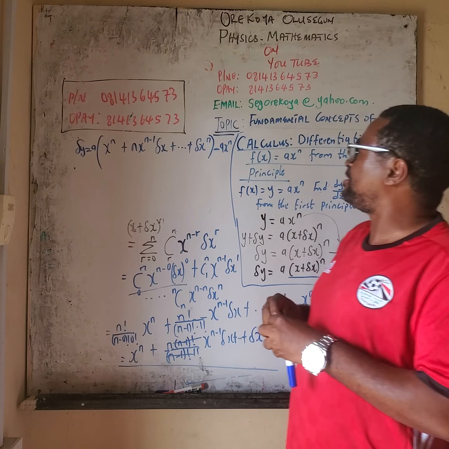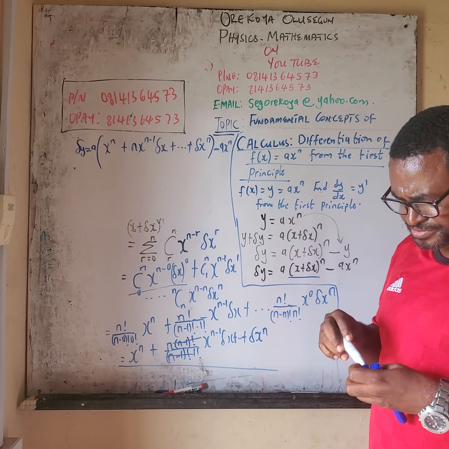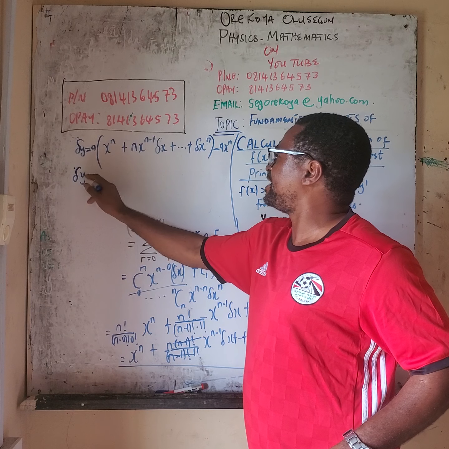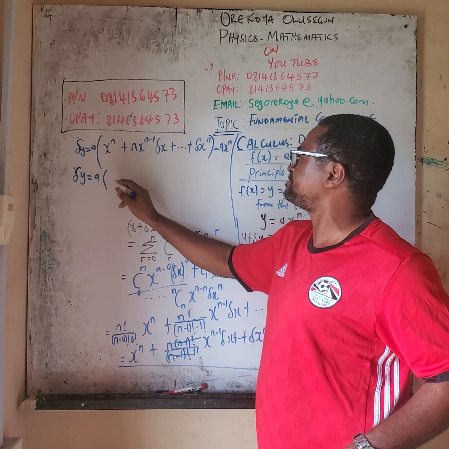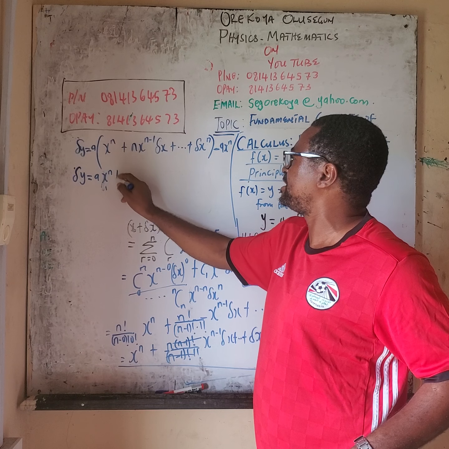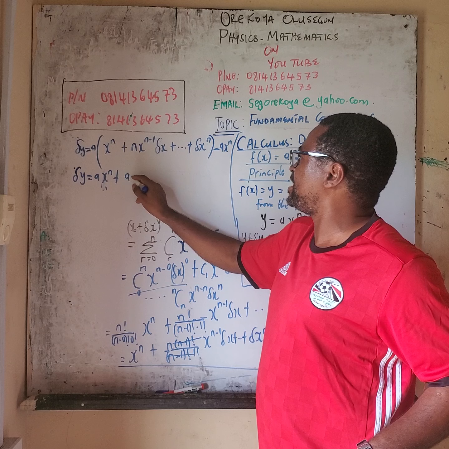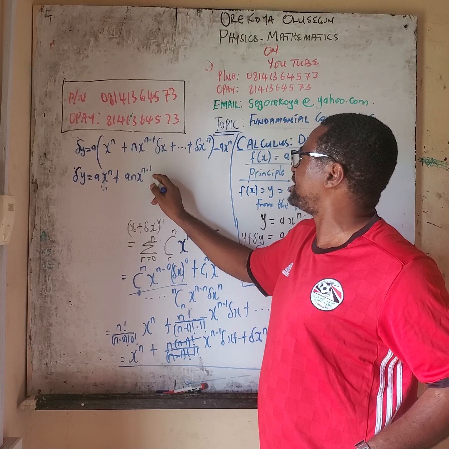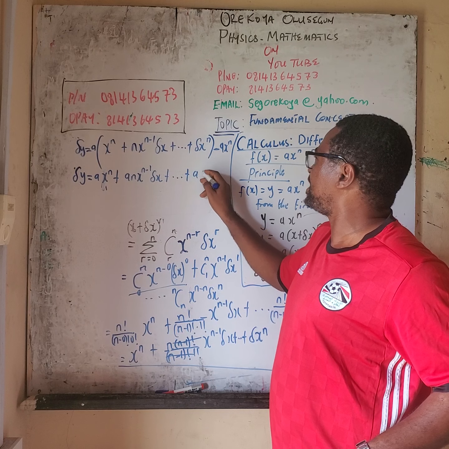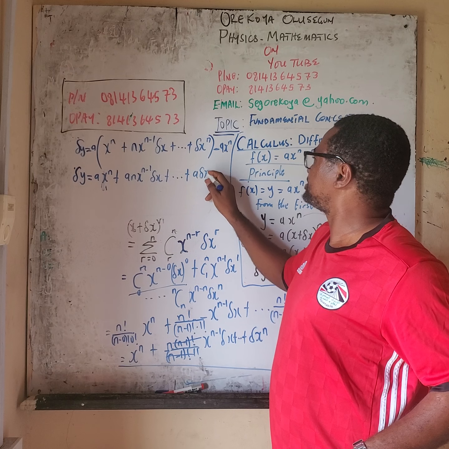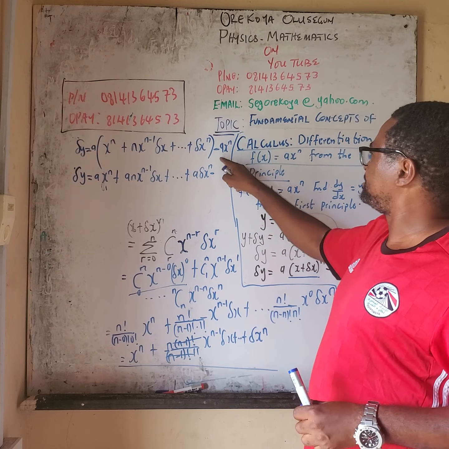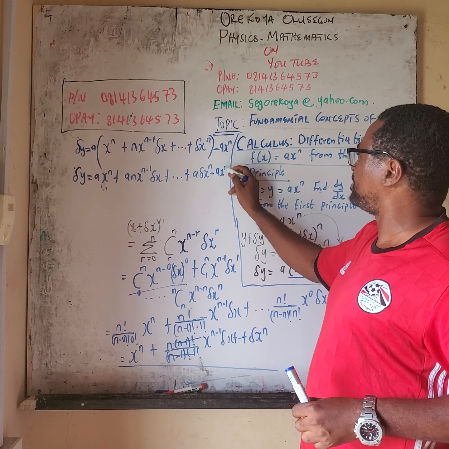So I will use this a now to open this bracket. I'm going to have delta y is equal to a bracket, okay, a times x raised to power n will give us ax raised to power n plus an x raised to power n minus 1 delta x plus dot dot dot plus a delta x raised to power n minus this one now, ax raised to power n.